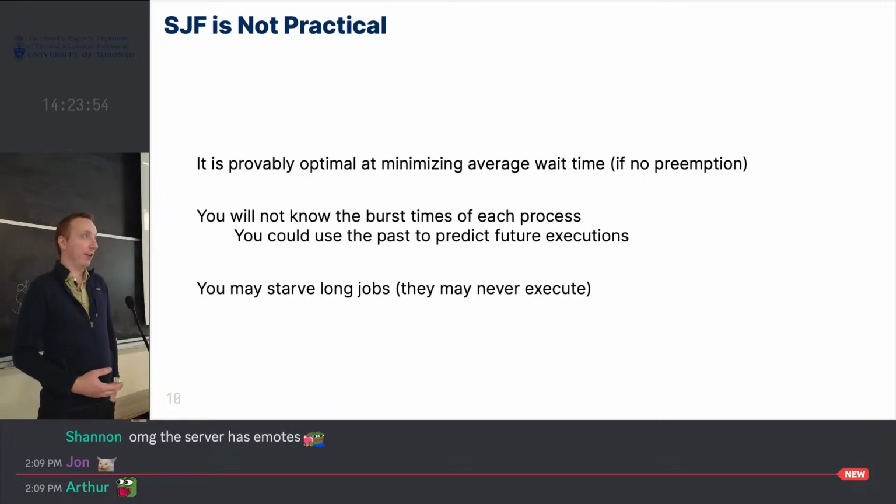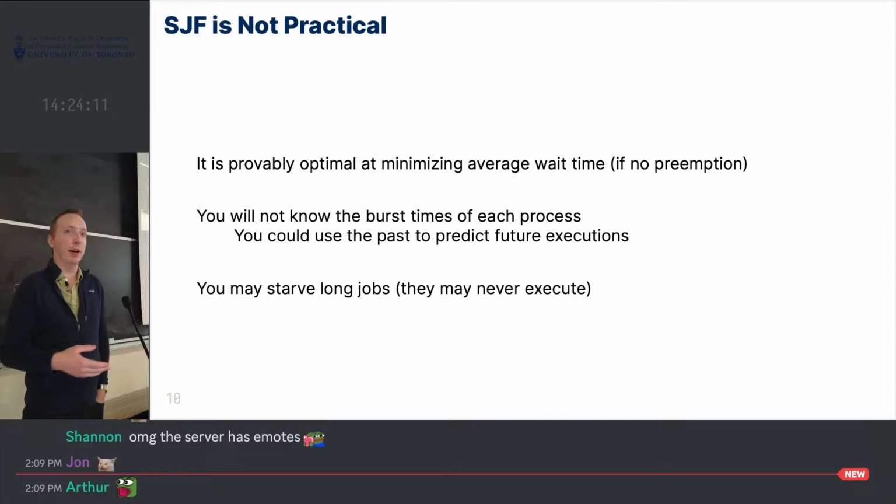And the other disadvantage of this is you may starve long jobs, which means starvation in this case just means they will never execute. So if I have one really long job and then I have enough short jobs to keep the CPU busy, well, that means that long job will never execute.